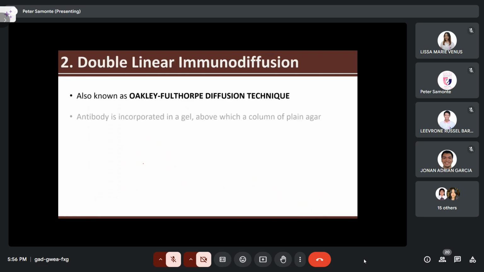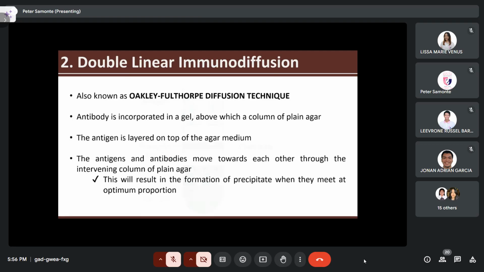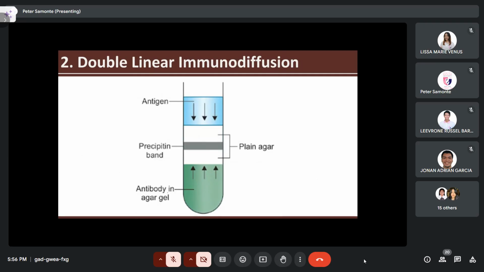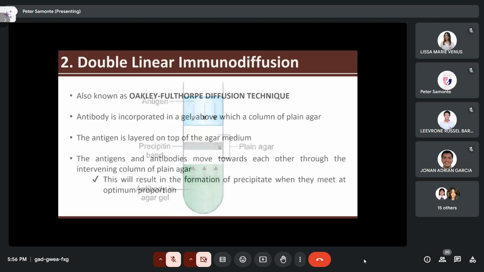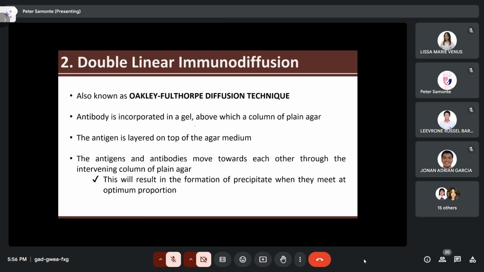This time, instead of a solution in the Oakley-Fulthorpe, you're going to use both media or agar. The difference lang is yung first agar layer nyo. The first agar layer would contain the antibody, while the second layer or the second agar would be plain.